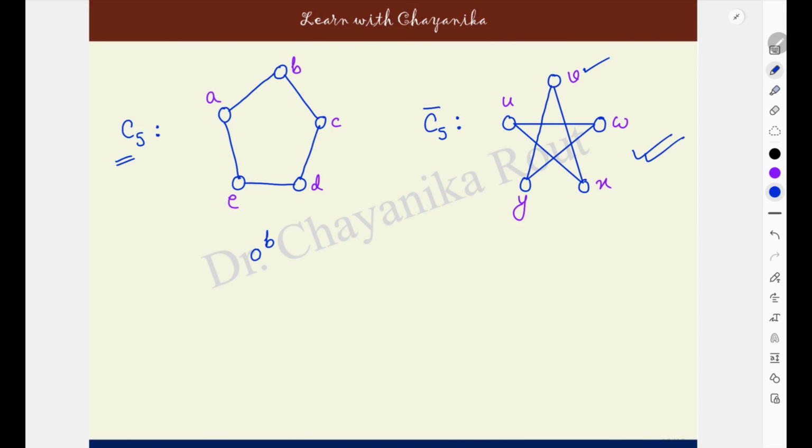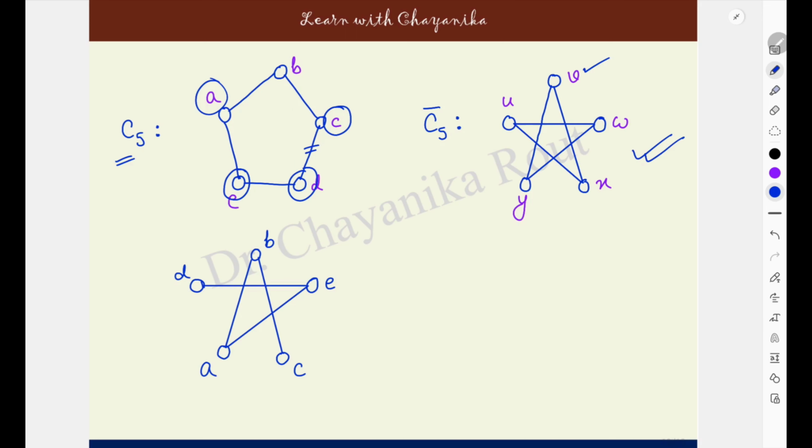So B is adjacent to the vertex A and the vertex C. So the 2 neighbors of B should be present as the neighbors of V are present in C5 complement. So I place A here, I place C here. A is adjacent to the vertex E, so I keep the vertex E here. E is adjacent to the vertex D, so I keep the vertex D here.